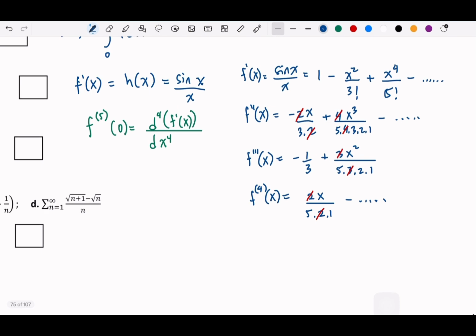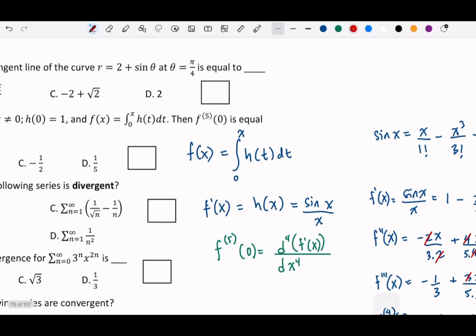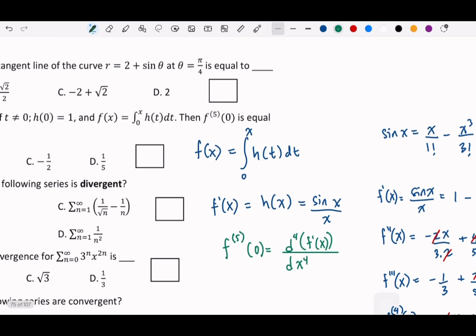So this is basically the f fifth of x is 1 over 5. Or here we have the 1 over 5 as our coefficient. So this is to be equal to 1 over 5.